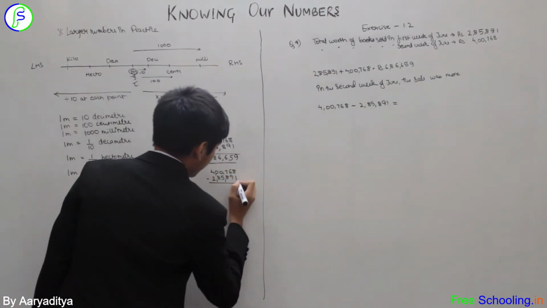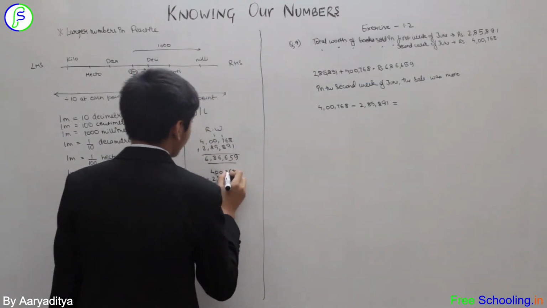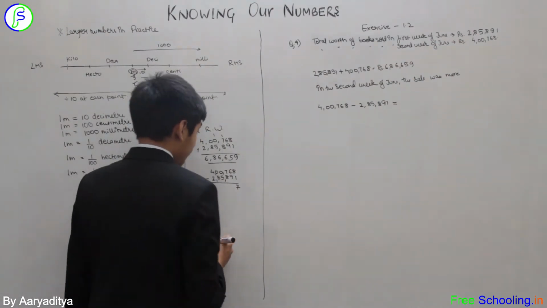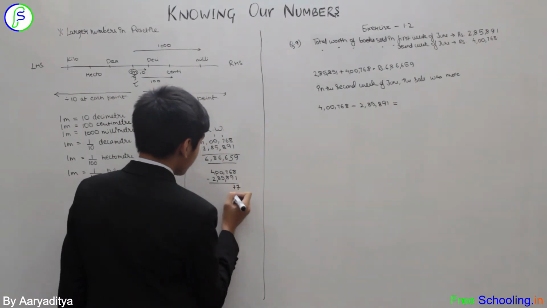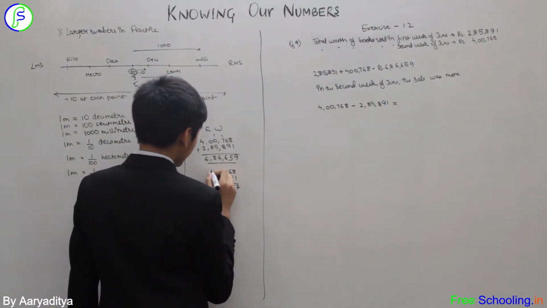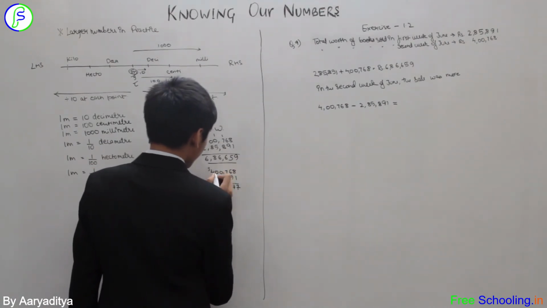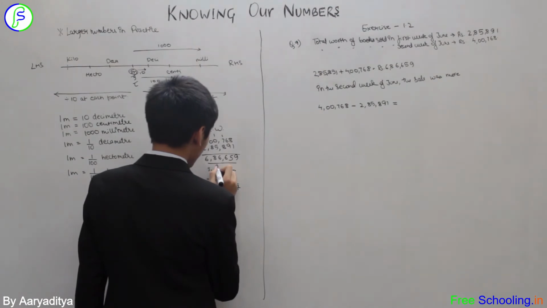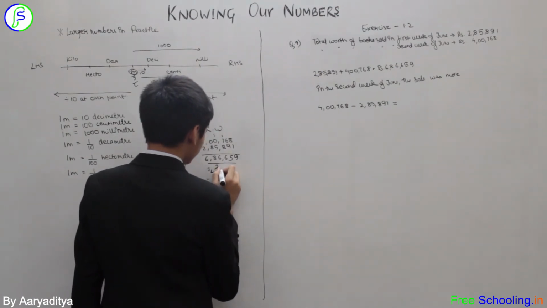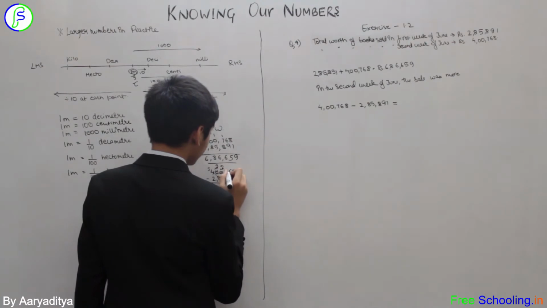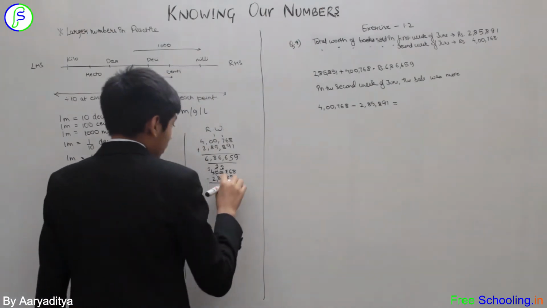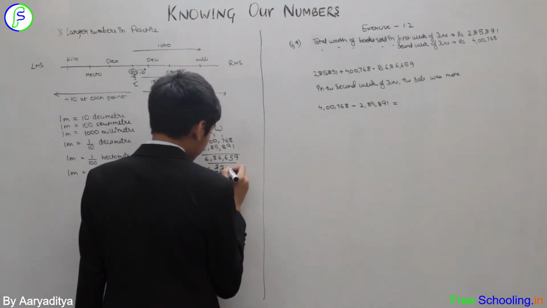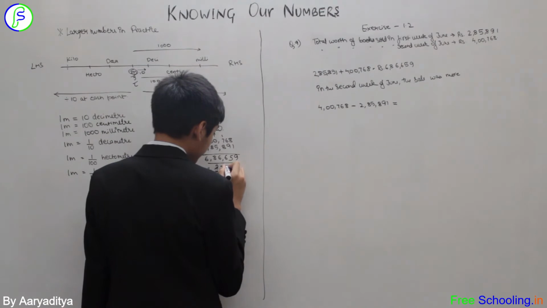Subtracting, 8 minus 1, 7. 6 minus 9, okay, so 10 is added to this one. 16 minus 9, we have 7 again. This becomes 6. Okay, then we carry. 4 turns to 3. This turns to 10 and this turns to 9. Then again this turns to 10 and this turns to 9, and this turns to 6, as you have carried over, and when it comes, it becomes 16.